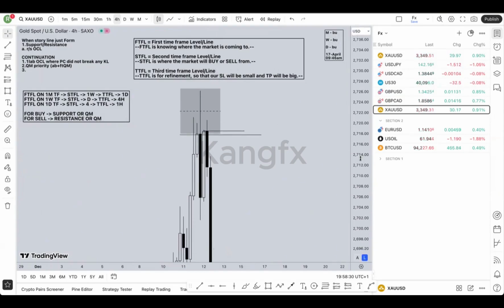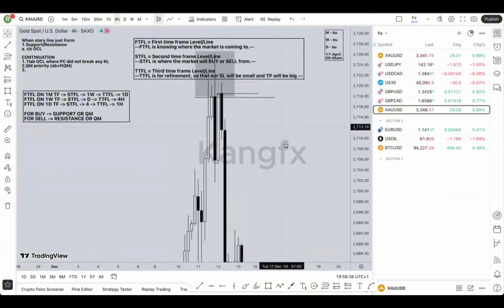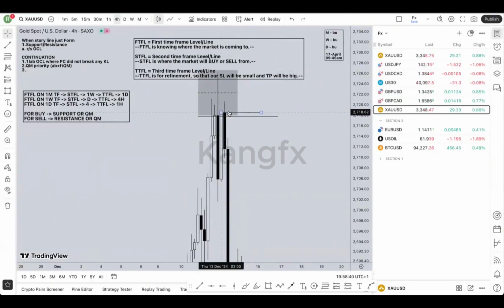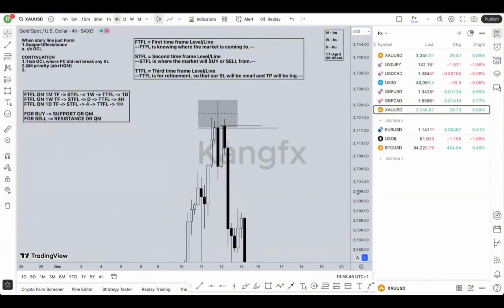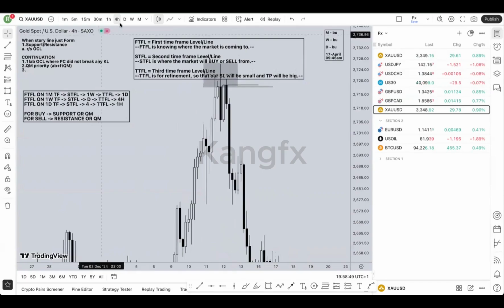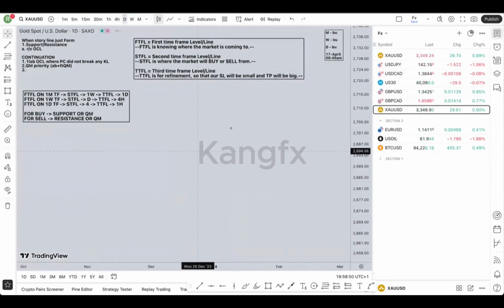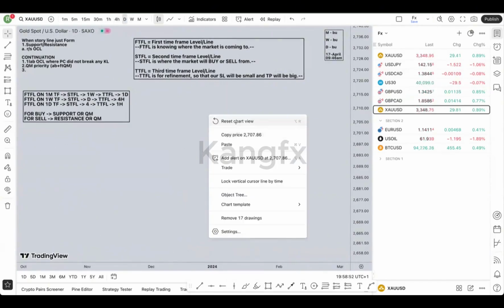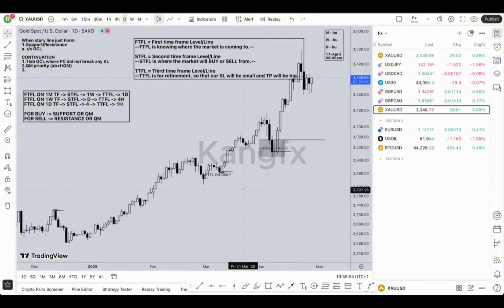Because second time frame line is where we buy or sell, but we still do some refinement on the third time frame level. So this is where I'm expecting the market to come to, if the storyline was set and the market is pulling back to give us a chance to sell. So drawing this box is really important.